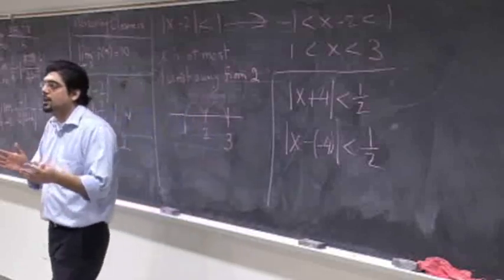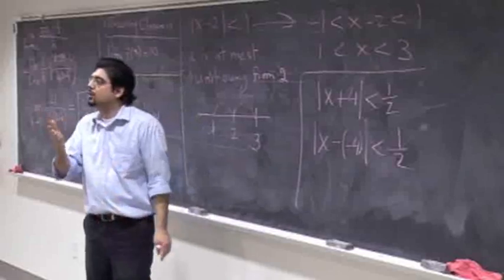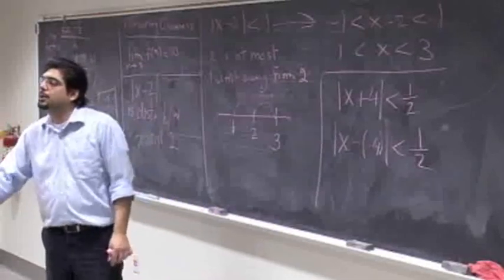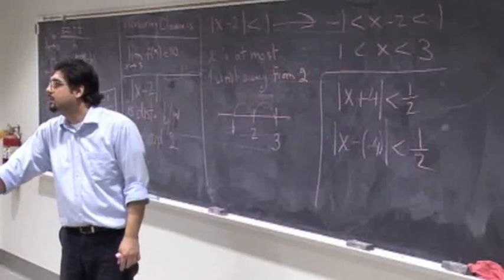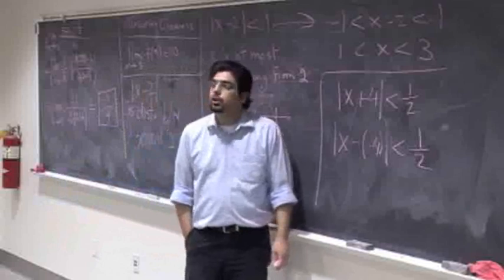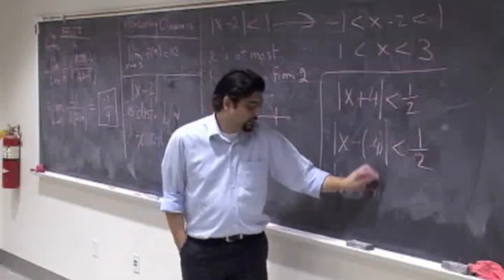So already we're talking about how to measure closeness, right? If I say x needs to be close to -4, how close? Then you say, well, about half a unit away at most. If I want to say I want x to be even closer to -4, then maybe I'll say something like this.